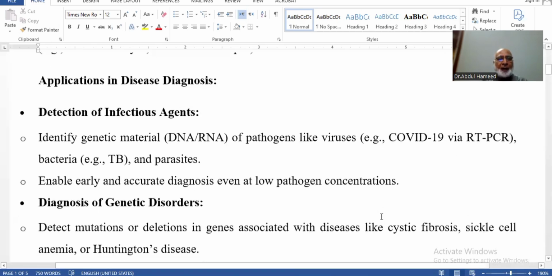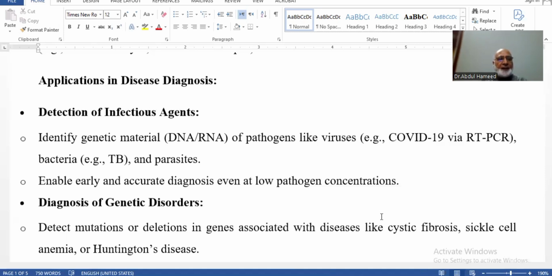This enables early and accurate diagnosis even at low pathogen concentrations. This is very important because it allows early detection and rapid detection, even within the total population context.